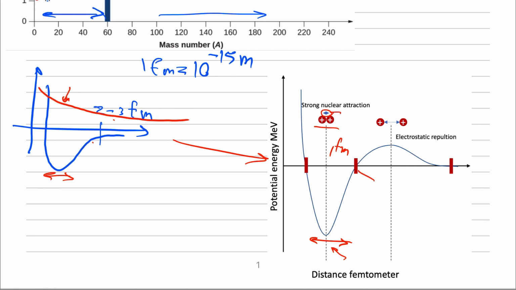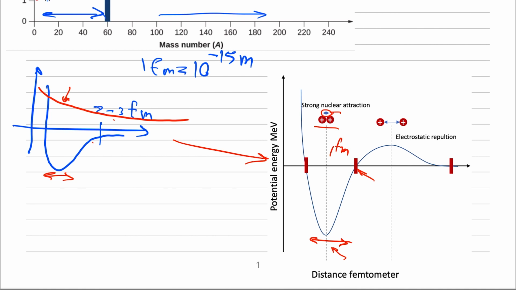But what happens at this point? At this point, there is a balance between the strong nuclear force and electrostatic repulsion. We have attraction and repulsion which balance each other. Therefore, there is no force here.